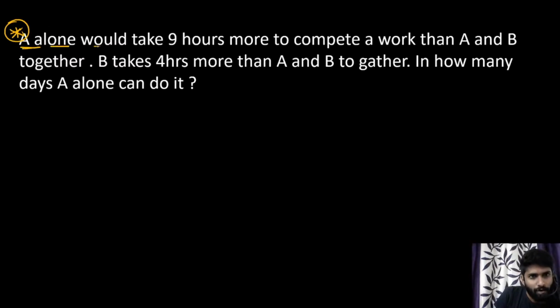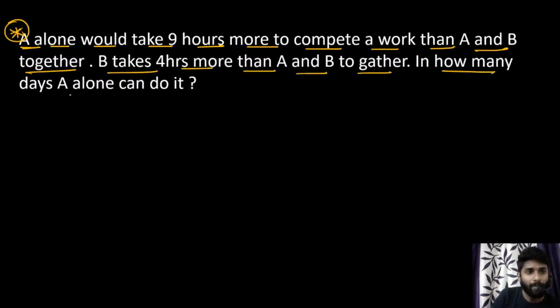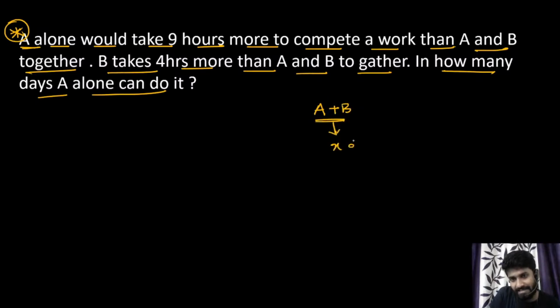A alone would take 9 hours more to complete a work than A and B together. B takes 4 hours more than A and B together. In how many days can A alone do it? Just observe, guys. A and B together complete the work in X days.